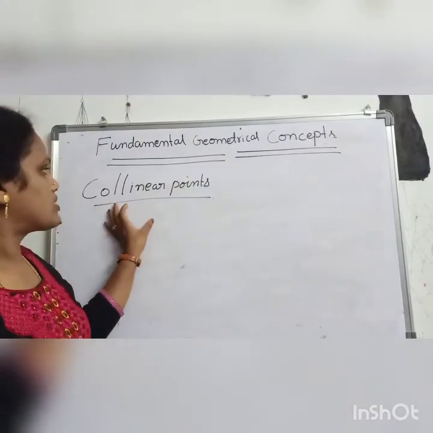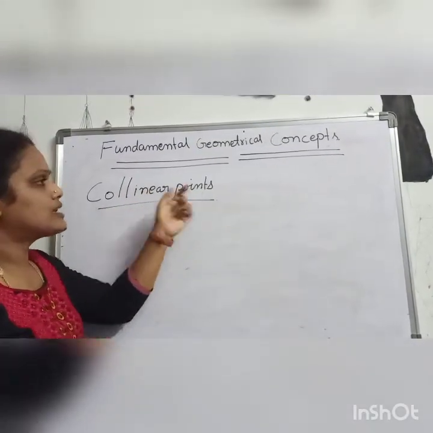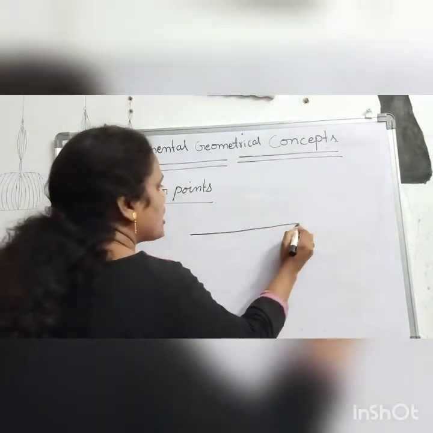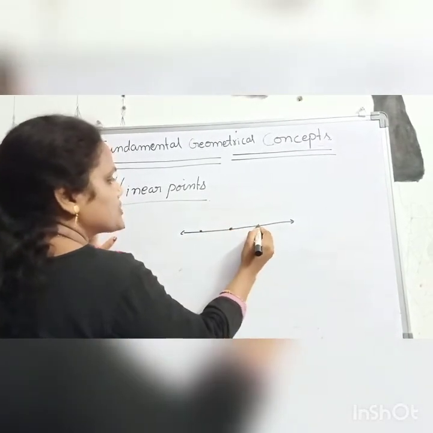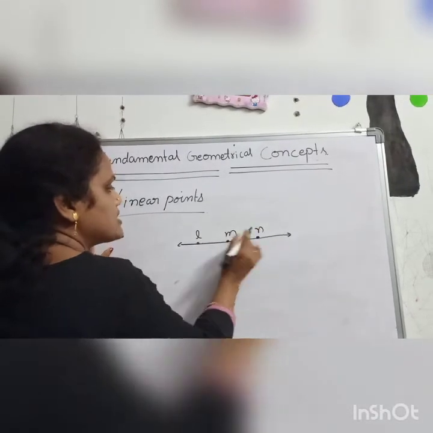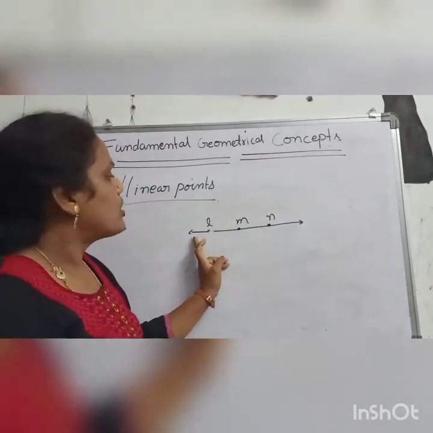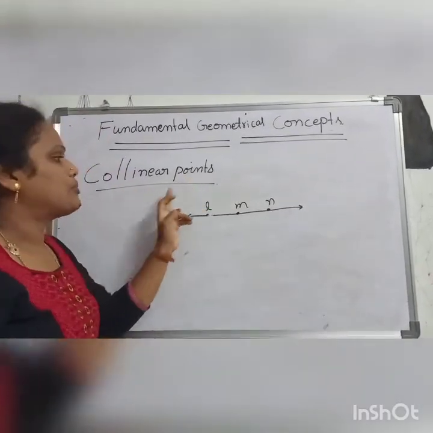Yes, the next concept is collinear points. Collinear points are three or more points lying on one straight line. L, M, N: these three points, three or more points lying on one line, are called collinear points.